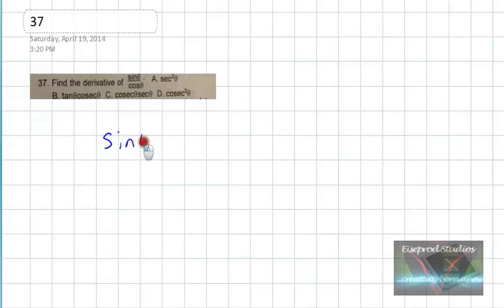The sine of theta over the cosine of theta is equal to the tangent of theta, because sine over cosine is literally the definition of tangent. So now you're just taking the derivative of tangent theta, which you may or may not know is secant squared.